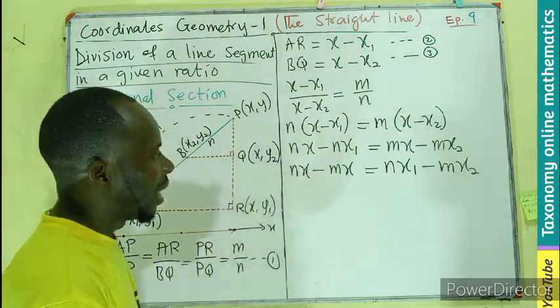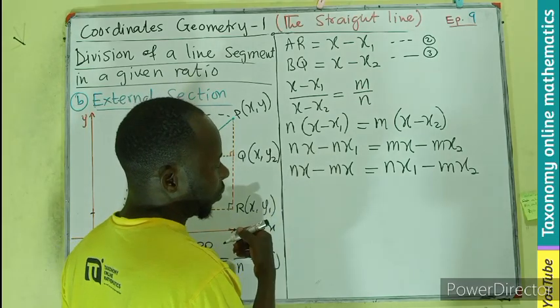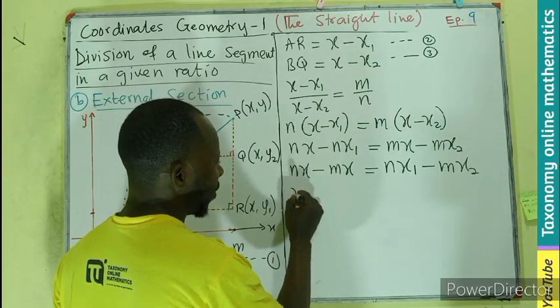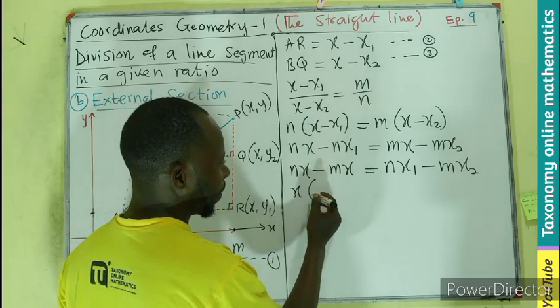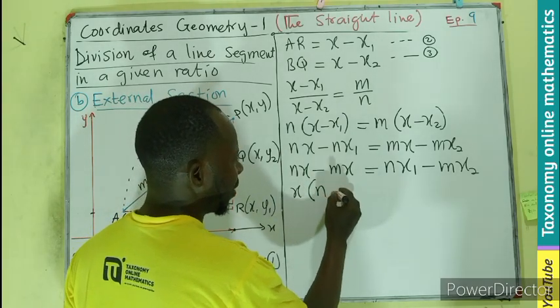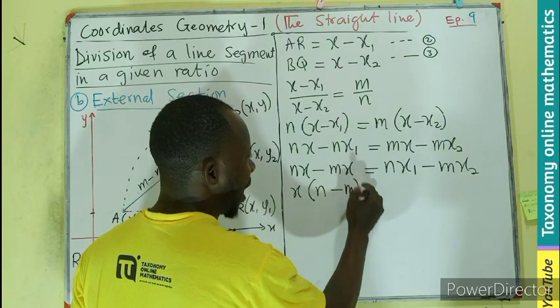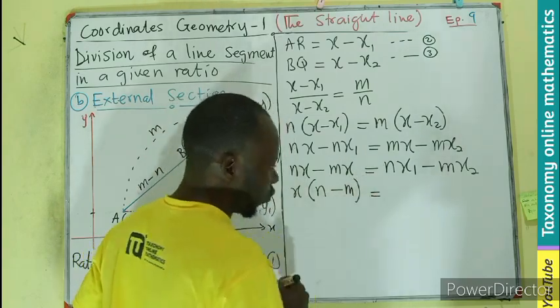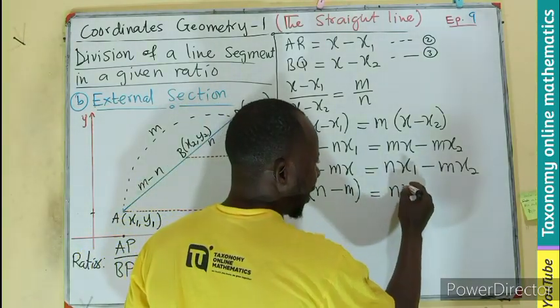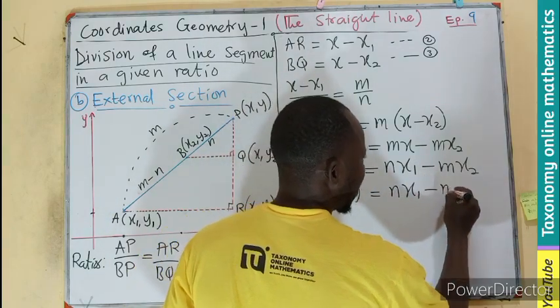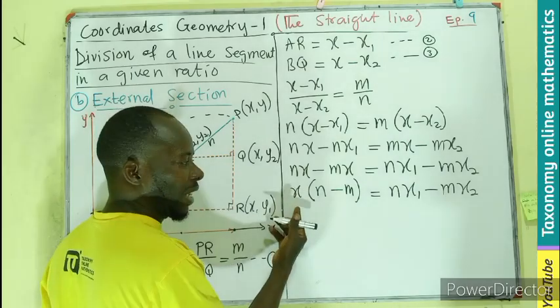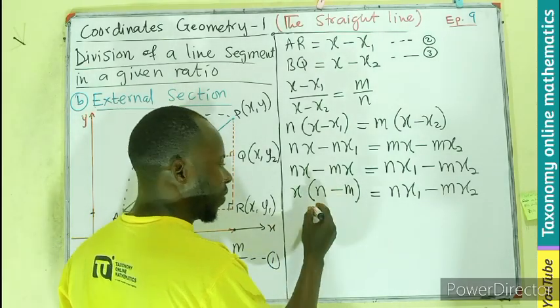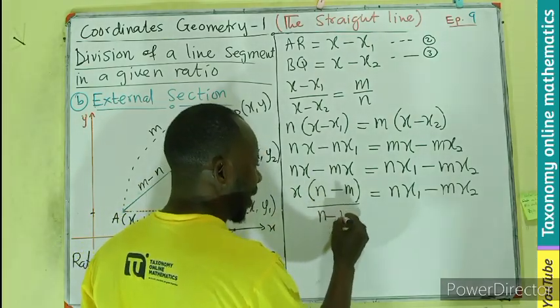Group the like terms. What are we going to have? We can have x into bracket. What will happen here? We have n minus m equals nx1 minus mx2. But I can see x being isolated only if I divide by the coefficient here, so n minus m.